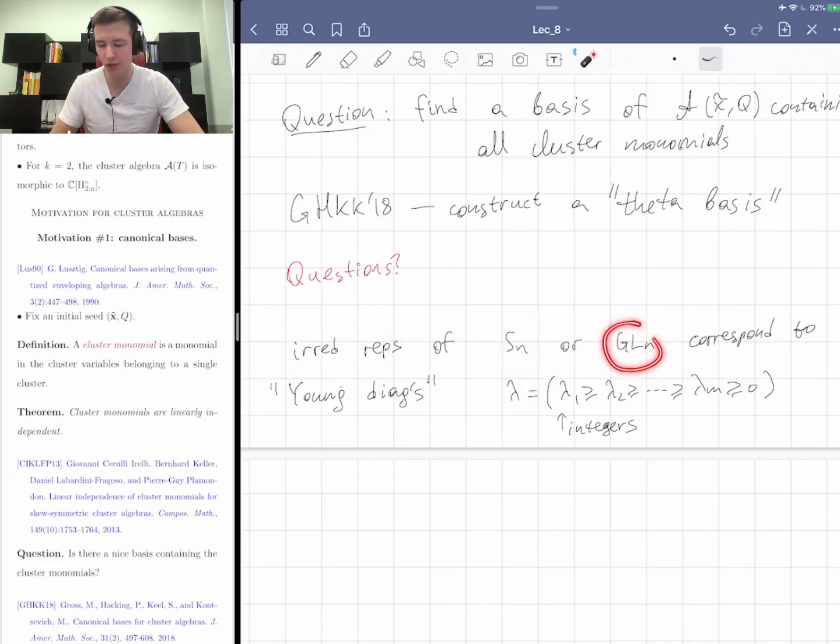And inside of GL_n you have these diagonal matrices. Diagonal matrices form an abelian subgroup, so this irreducible representation decomposes as a direct sum of eigenspaces for the diagonal matrices.